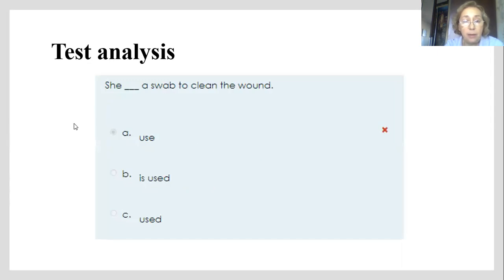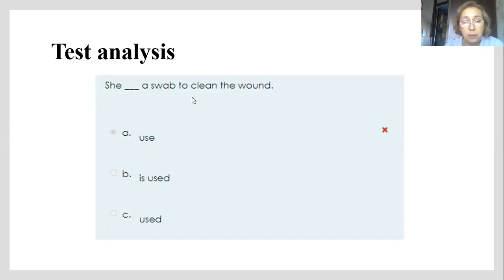Then yes, and this is the task where we need to think about the structure of whether it's active voice or passive voice. So the options are in passive voice and active voice. And here the sentence is she swab to clean the wound.